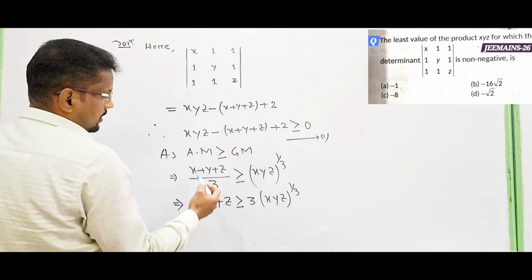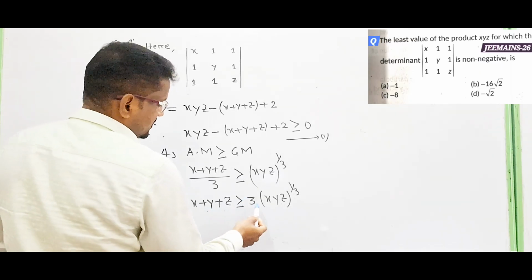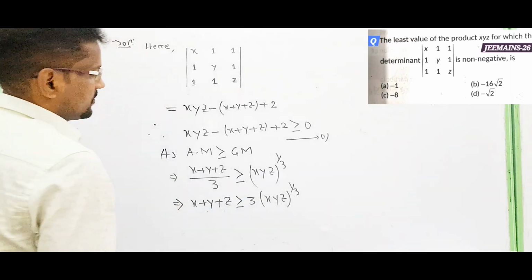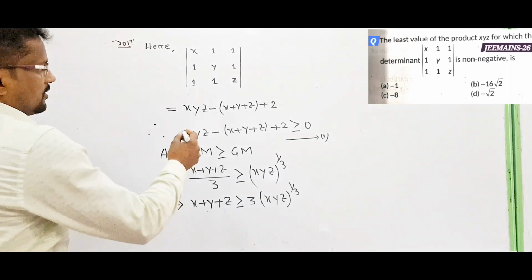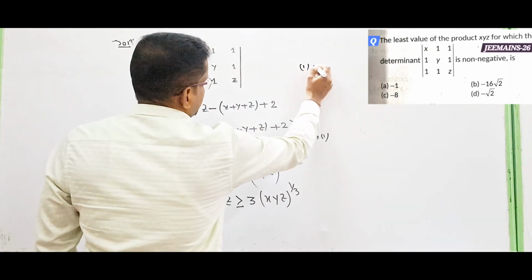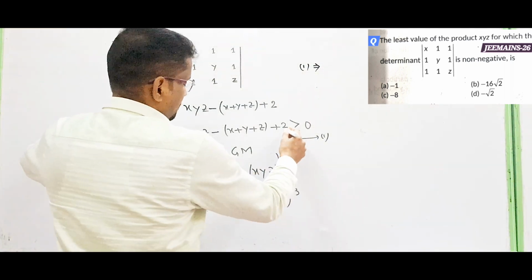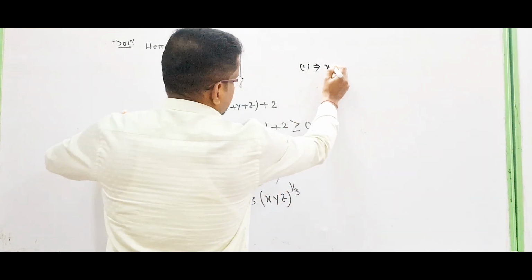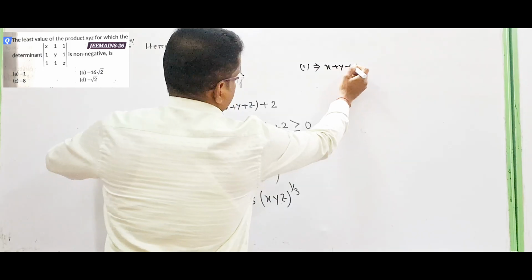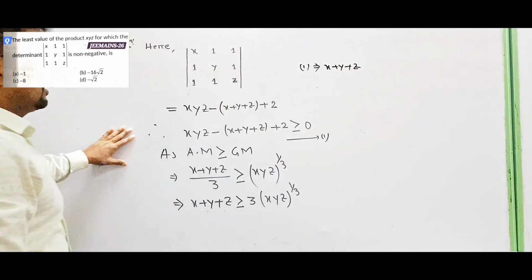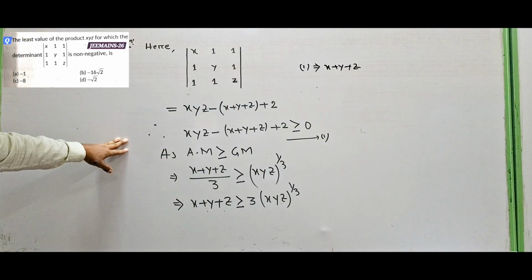Here as x plus y plus z greater or equal thrice of x, y, z whole to the power 3. So from 1 what you can write? Now 1 in place. From 1 you can say, if you combine these two, x plus y plus z, that's your greater or equal.